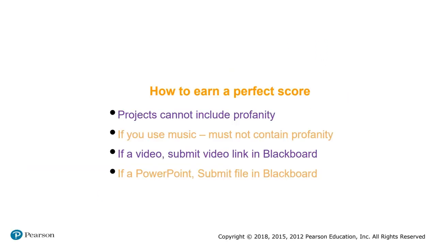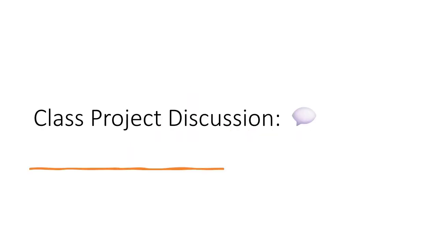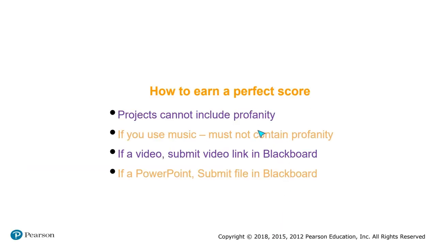Okay, so now we're ready. Let's talk about the class project. Now remember, this is what you're doing this part of your KWL on, all that kind of good stuff. So, class project. That was the title, right? Your success team project.